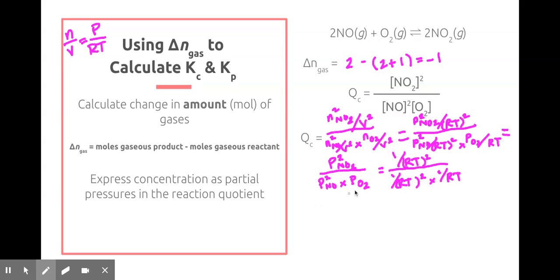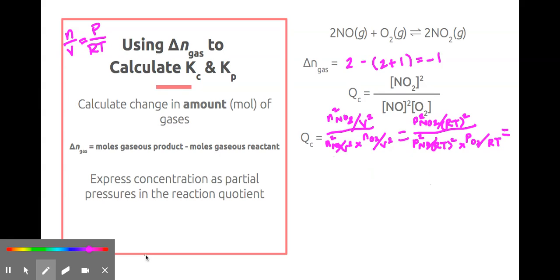We have our partial pressures are equal to, our partial pressures are not, and that will look like this.